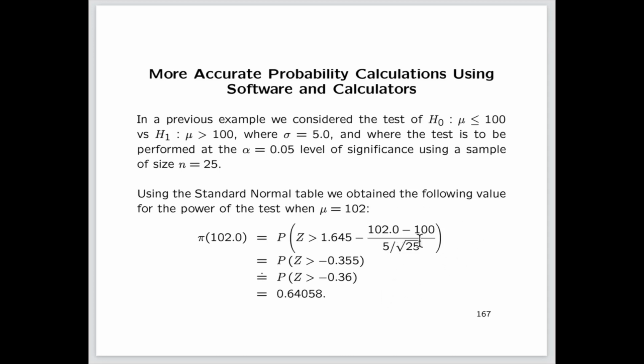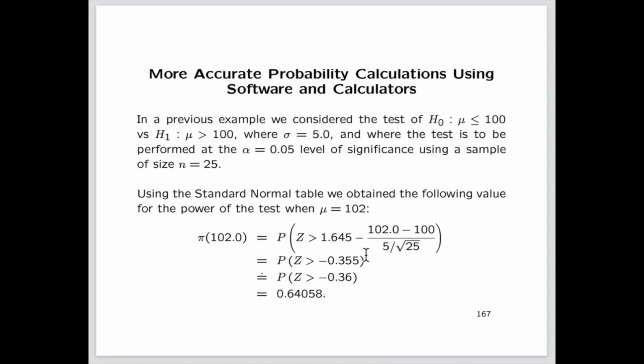Remember that one way to represent the power function is to do so using a standard normal random variable, which I've done here. And then we have to evaluate this expression on the right-hand side of the inequality, and that turns out to be negative 0.355.